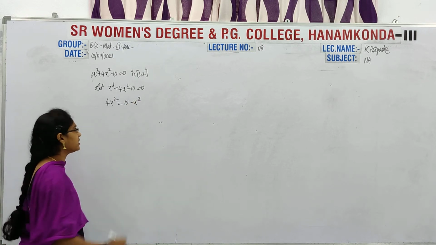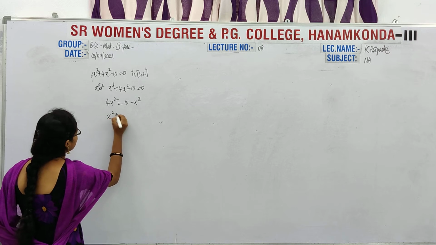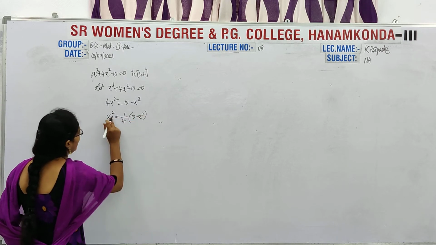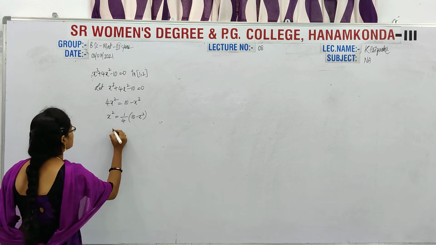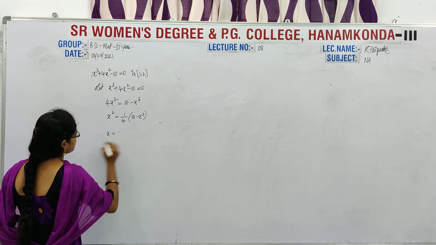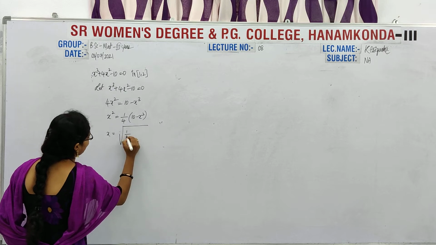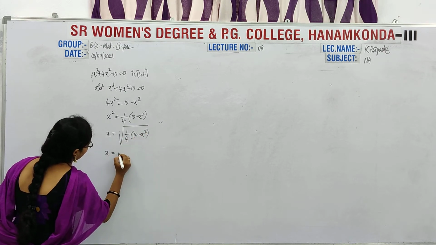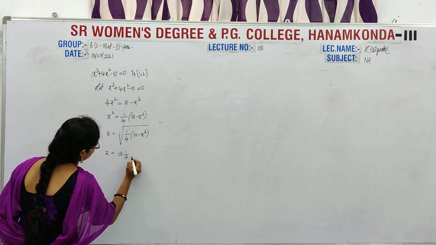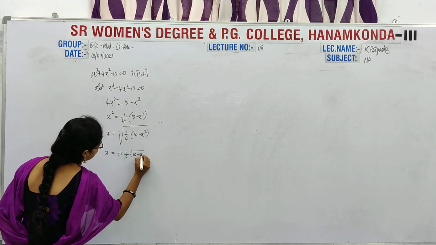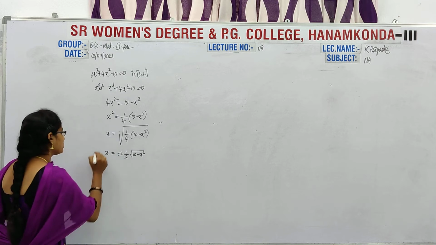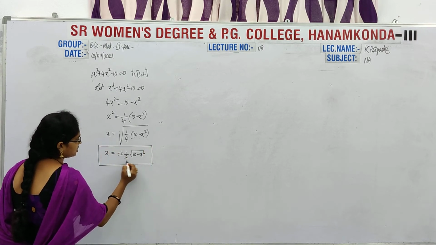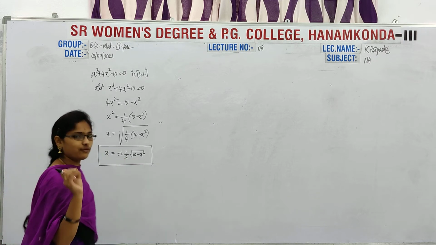Okay, and I am taking that 4 to this side, then x square equal to 1 by 4 of 10 minus x cube. I have square, so I am taking the square root on both sides. Then x is equal to under root of 1 by 4 of 10 minus x cube. Then it is x is equal to plus or minus 1 by 2 under root of 10 minus x cube. Okay, so this is some value. See here what I have, x is equal to this function. So this is considered as g of x.